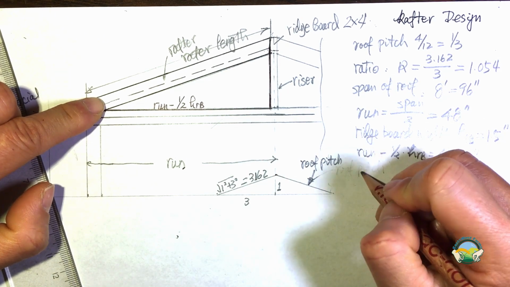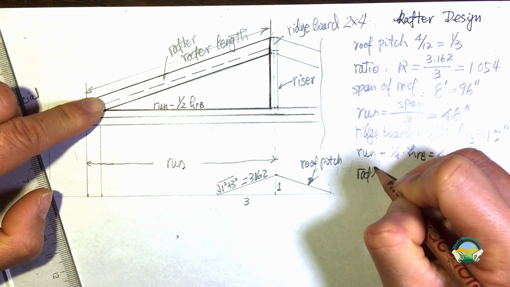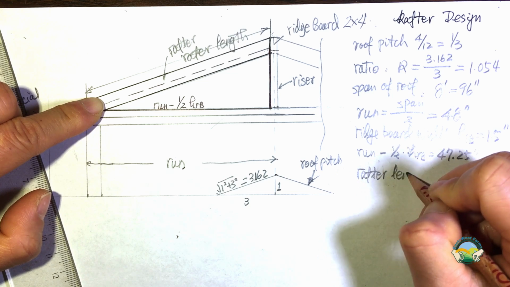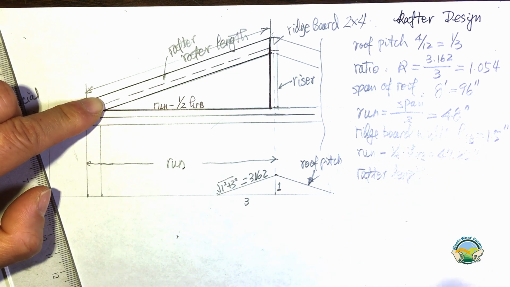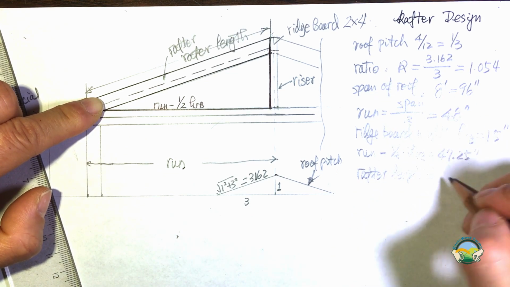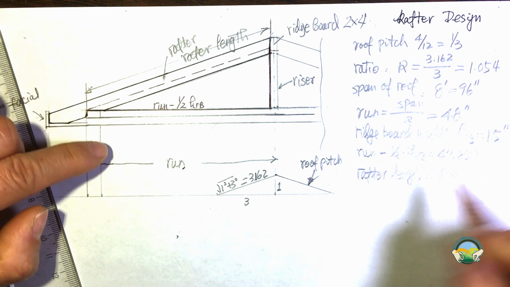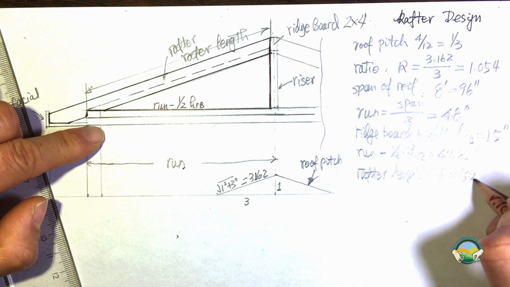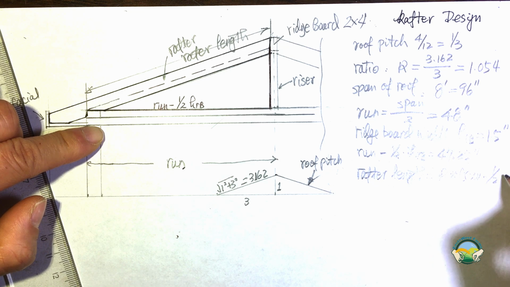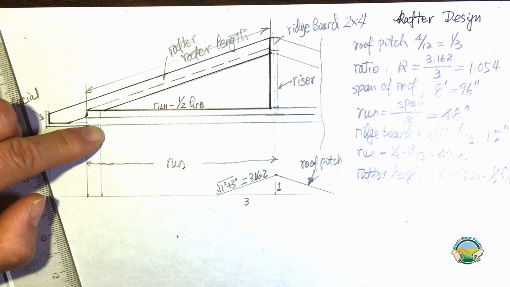For that, now we can calculate the rafter length. It is basically this ratio times the run minus 1/2 of my ridge board width.